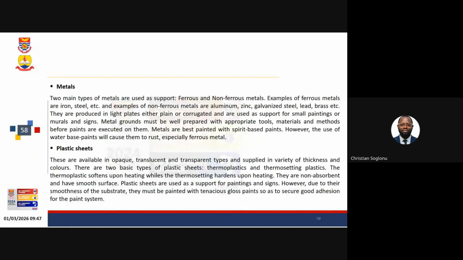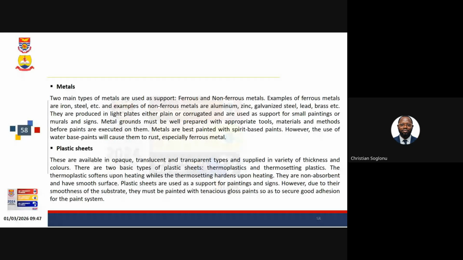Metal grounds must be well prepared with appropriate tools, materials, and methods before paints are executed on them. Metals are best painted with spirit-based paint. However, the use of water-based paint will cause them to rust, especially porous metals.